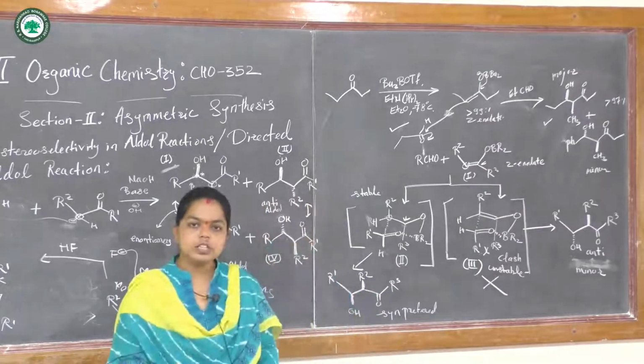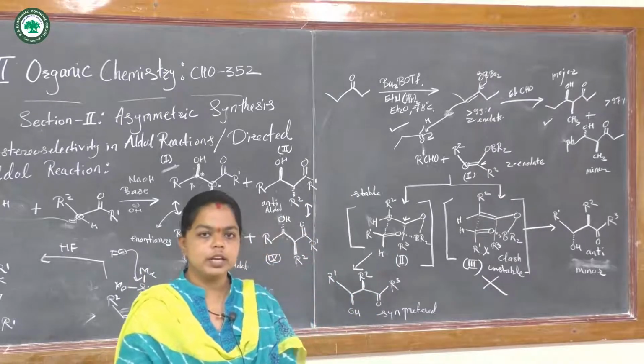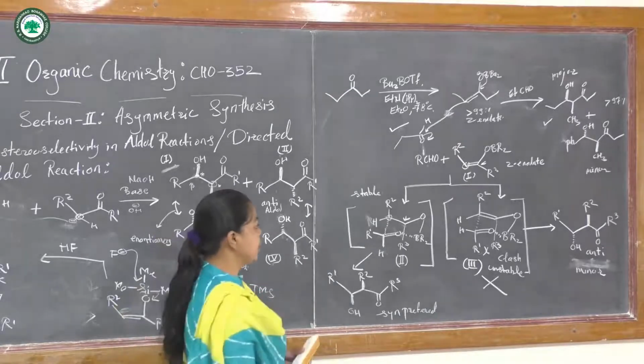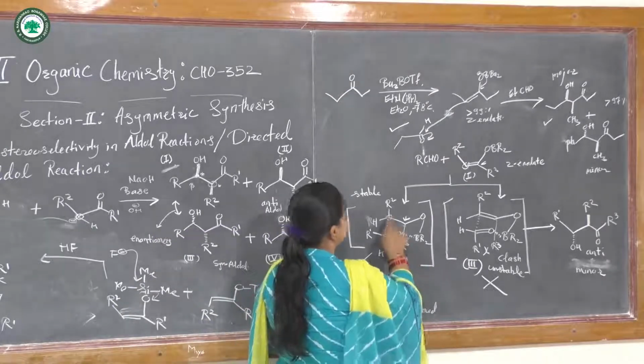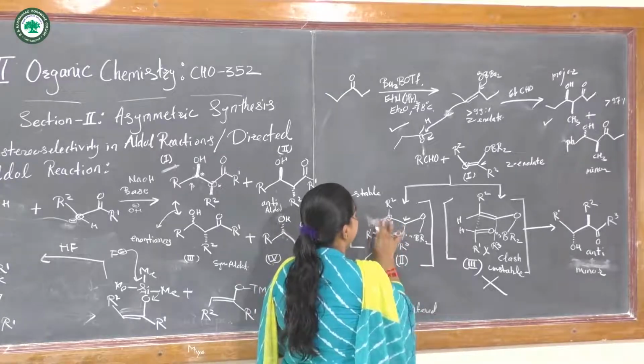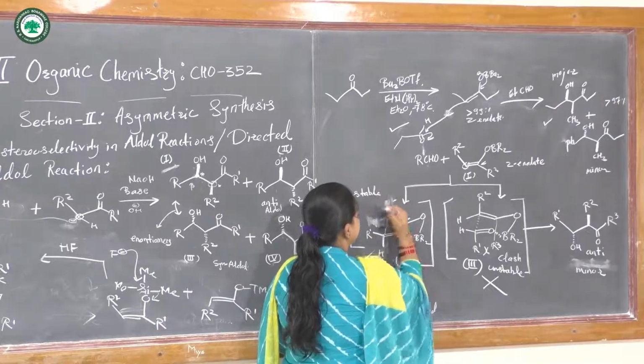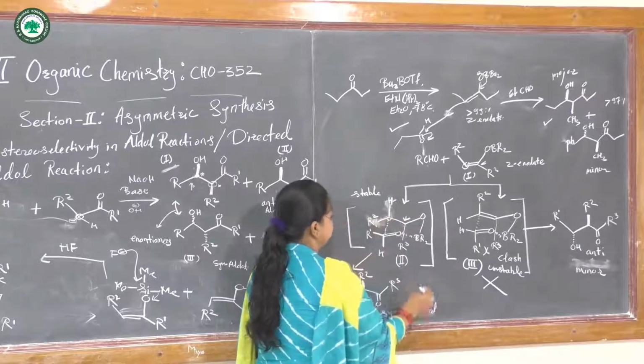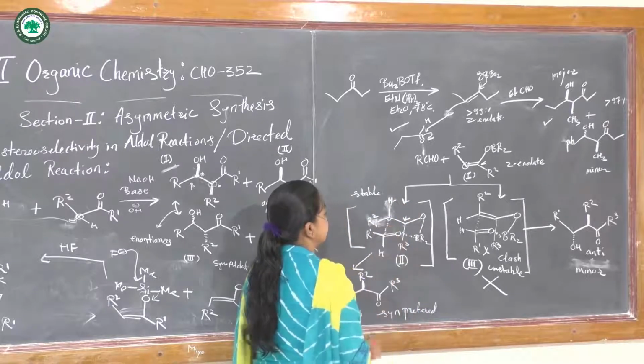Now the same condition can be applied for the E enolate. The E enolate will again form two types of transition states. The only difference is that we have to change this orientation: hydrogen is there and here is the R2 group.